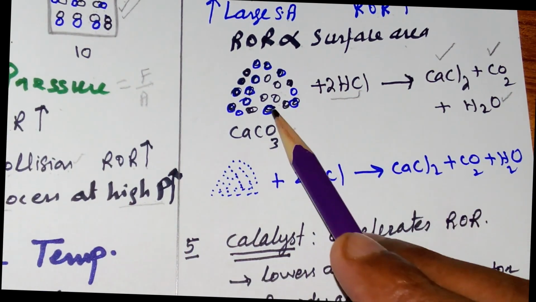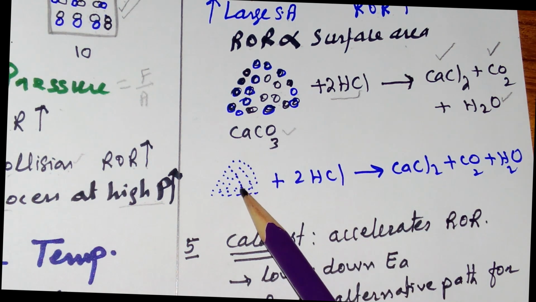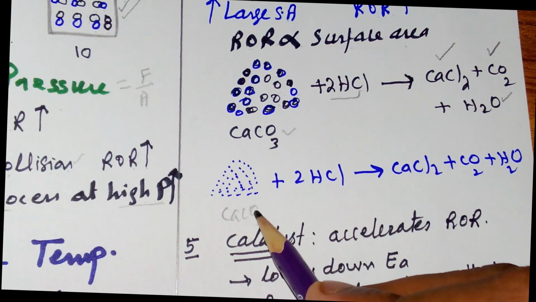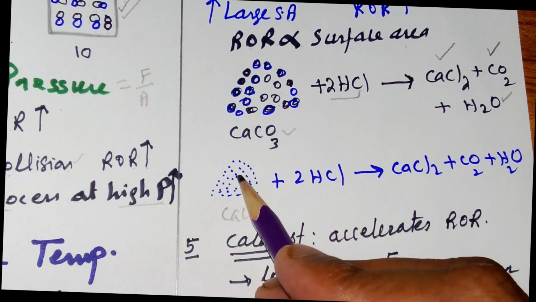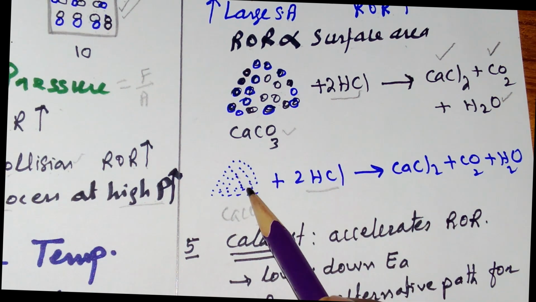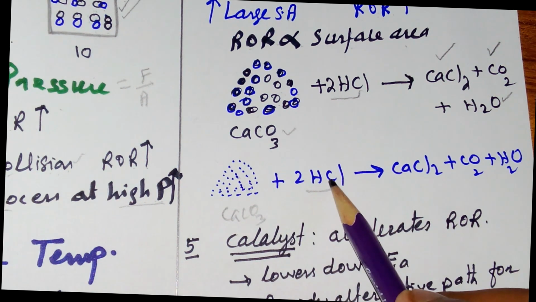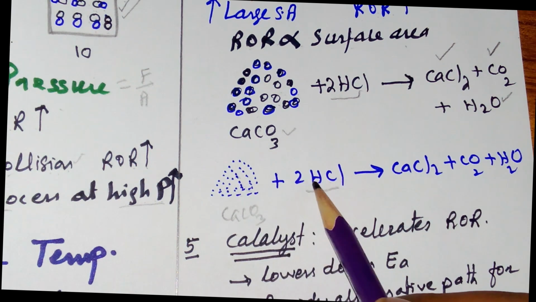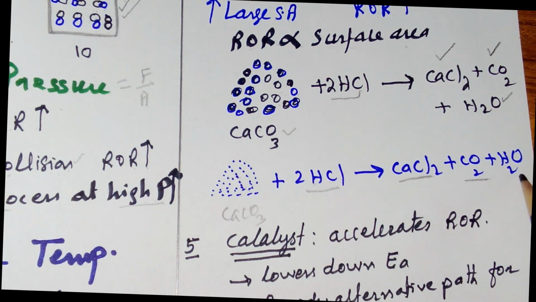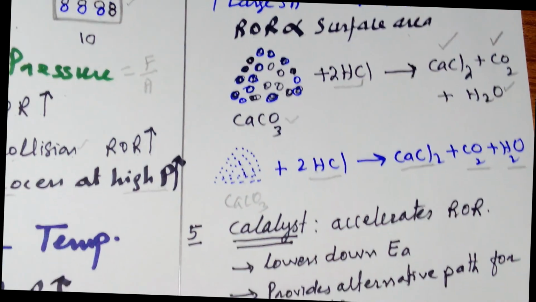If I take a very small powdered form of calcium carbonate, CaCO3, and make it react with HCl, this reaction is very fast. HCl and calcium carbonate react quickly to form calcium chloride, carbon dioxide, and water.